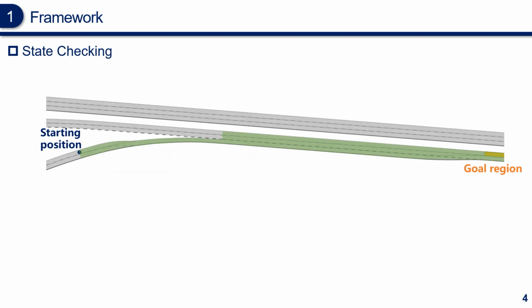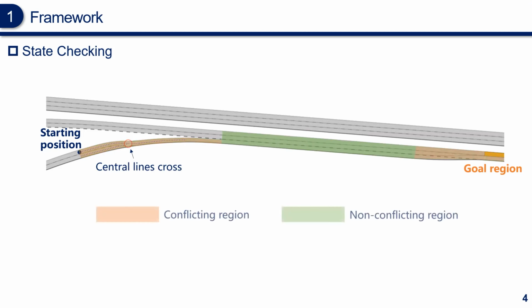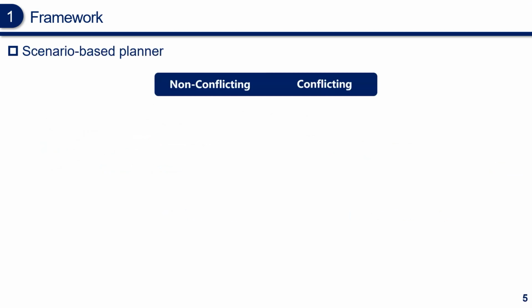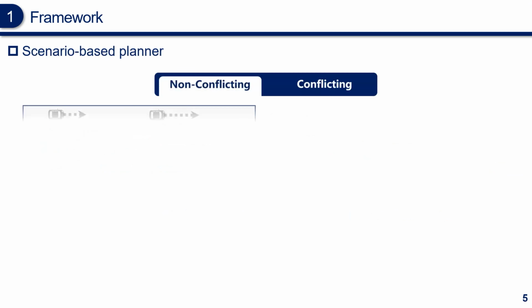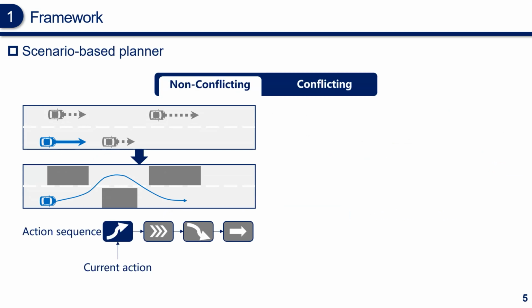Then we divide this region according to whether the center line has crossing points, marking the crossed region as a conflict region and the remaining parts as non-conflict region. In non-conflict regions, we first convert the surrounding roadmap into a two-dimensional grid map, and then generate an action sequence with MCTS, Monte Carlo tree search. This process will be detailed later.